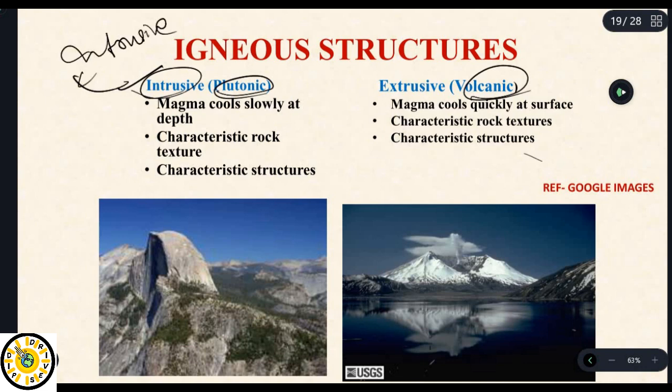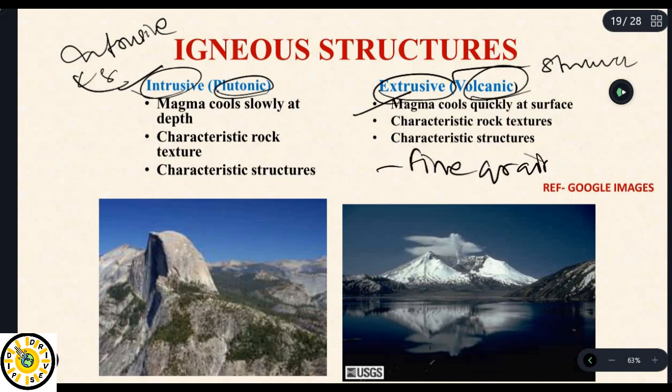Those forming in the volcanic environment are called extrusive structures. You know, extrusive structure, those are where magma cools quickly at the surface. It is formed at the surface, and the texture is also formed at the surface.